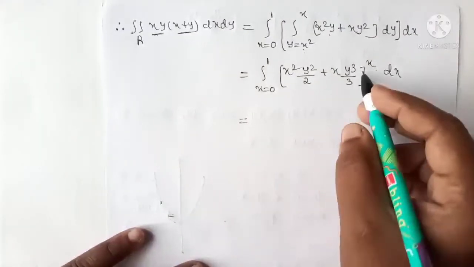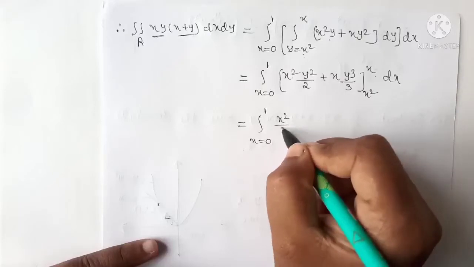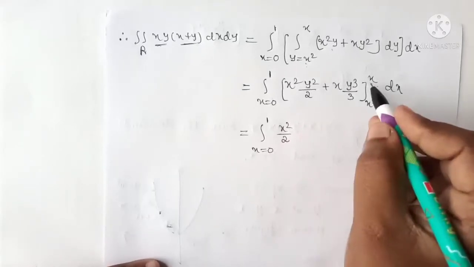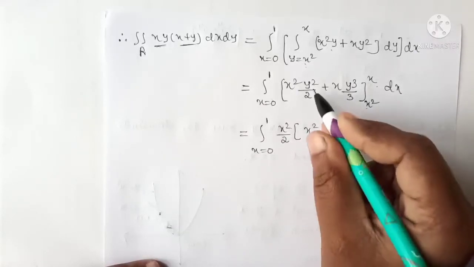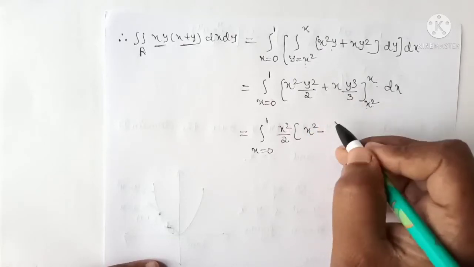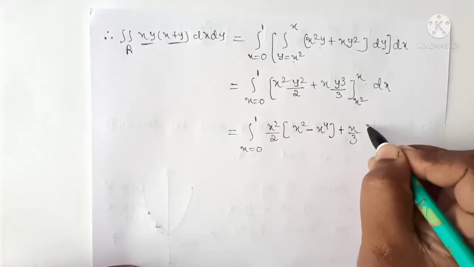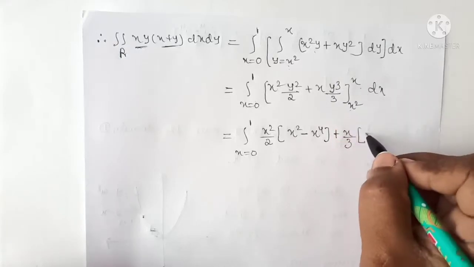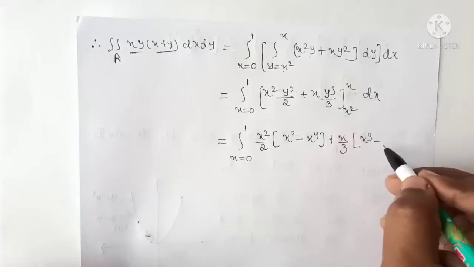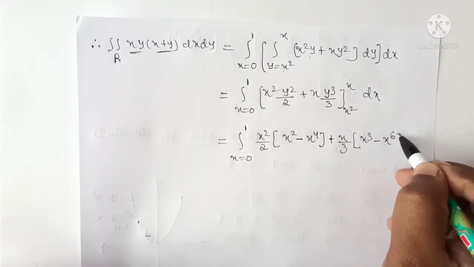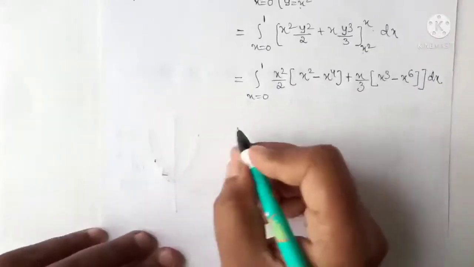So first we substitute the upper limit. x equals 0 to 1 as it is, this x square by 2 as it is, substituting y square value, y equals x, therefore it is x square, minus the lower limit, y square with y equals x square, x square power square gives x power 4, plus here x by 3 being constant, substituting y equals x we get x cube, minus the lower limit, x square whole power 3 gives x power 6, then into dx.